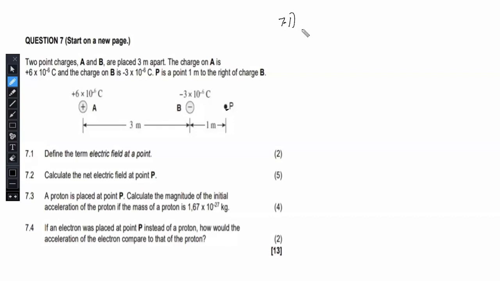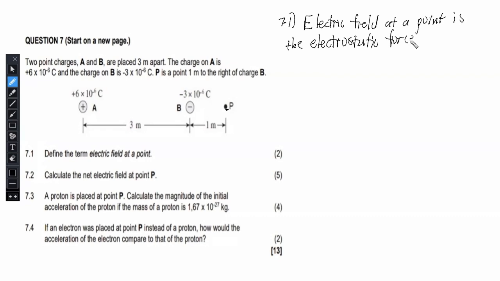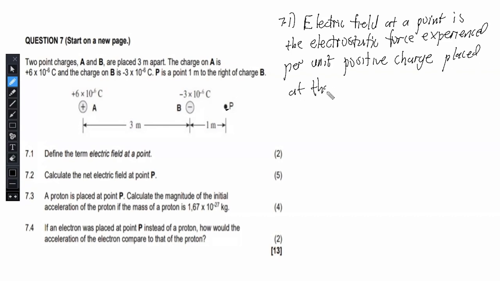We say electric field at a point is the electrostatic force experienced per unit positive charge placed at that point. Right. So for 2 marks, that's how you are supposed to define electric field at a point.